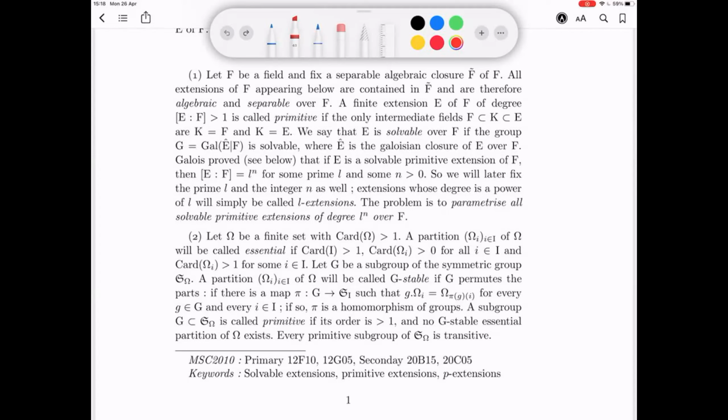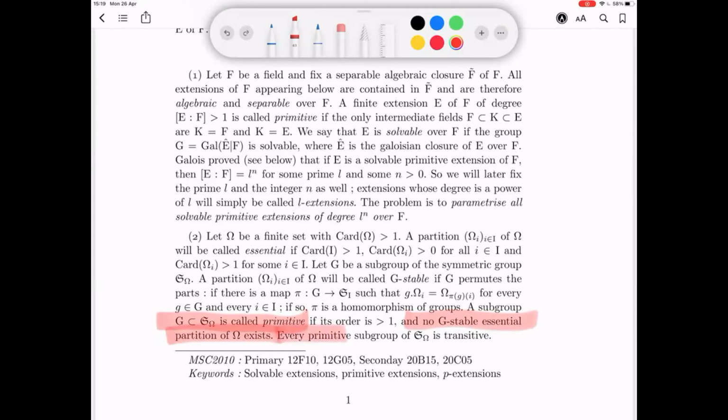And so is this set of all essential partitions. Now, this G will act on the set of essential partitions of omega. If none of those essential partitions is fixed by G, then you say that G is a primitive subgroup if there are no G stable essential partitions of omega.